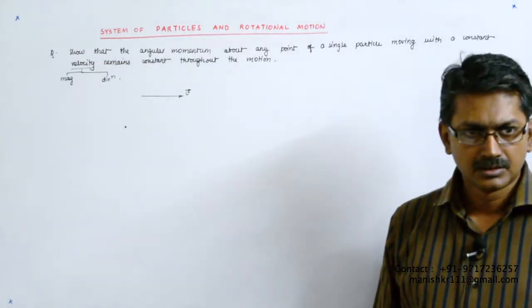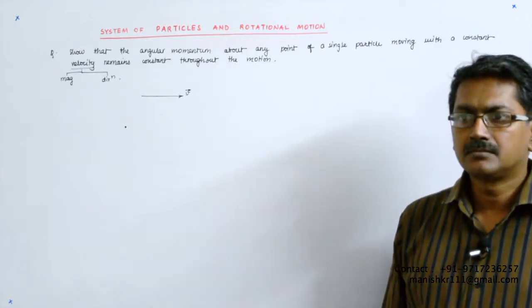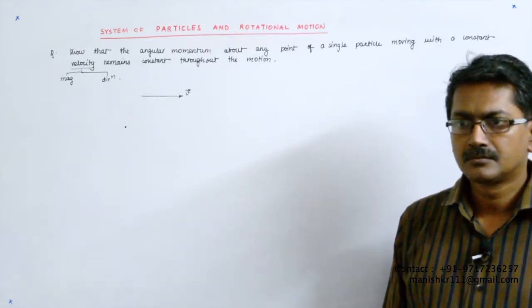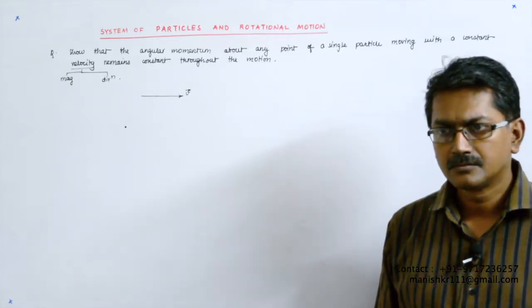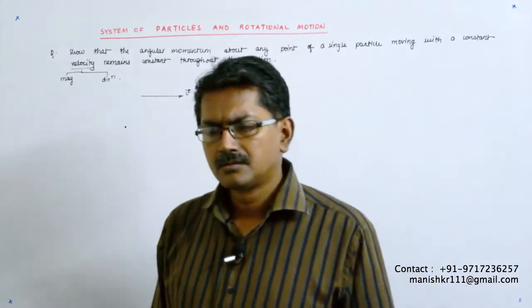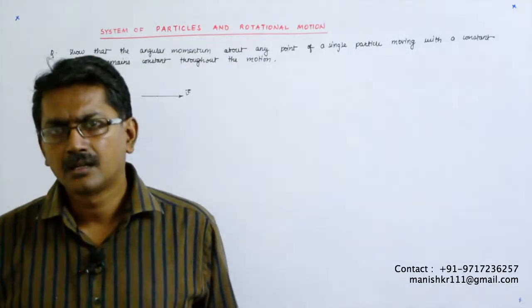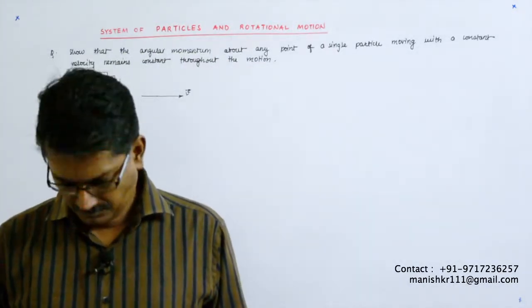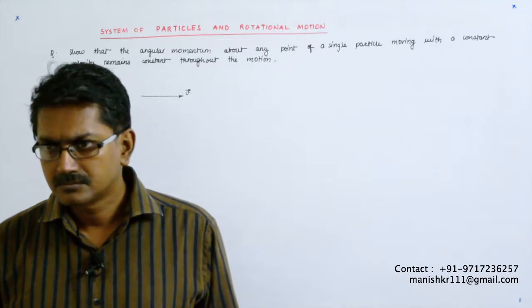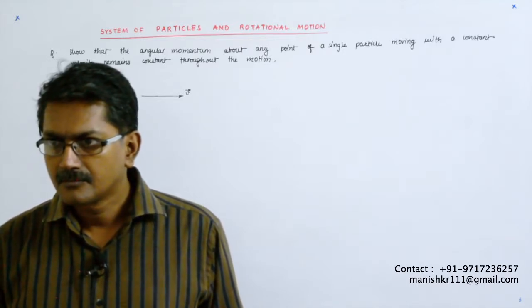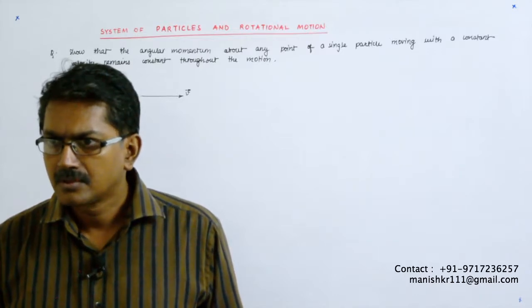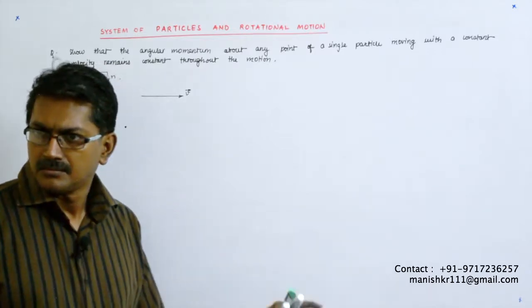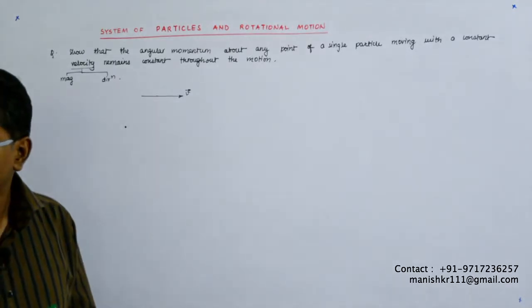Now the particle moves in a straight line, and you want to find the angular momentum of the particle about that point. If it's moving in a straight line, how would it have a linear momentum? It would only have a linear momentum.